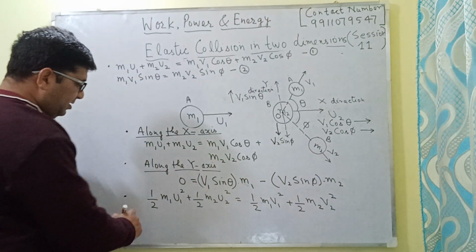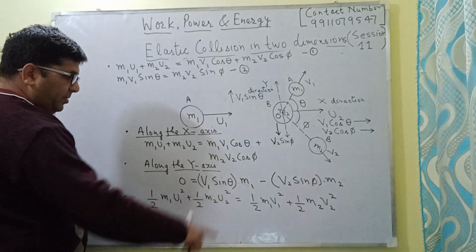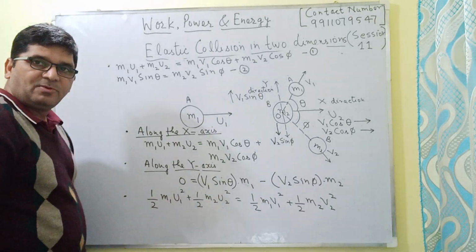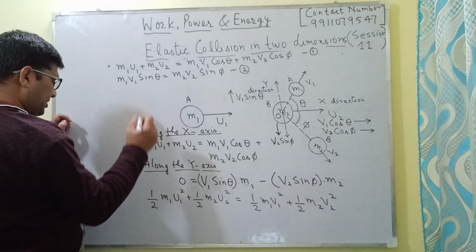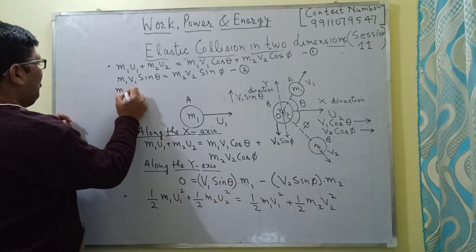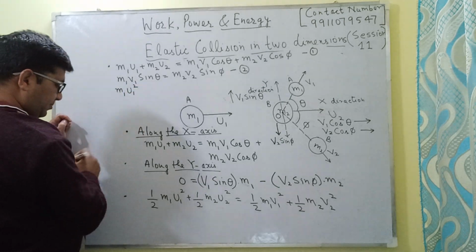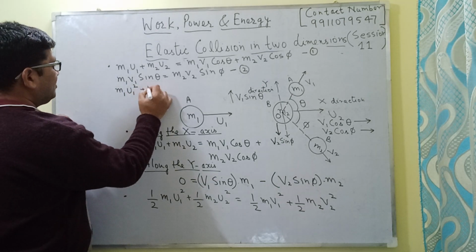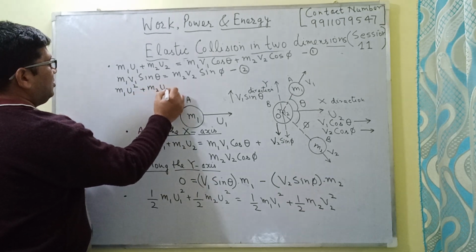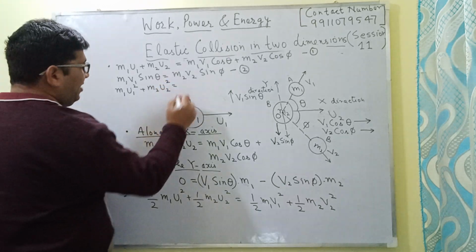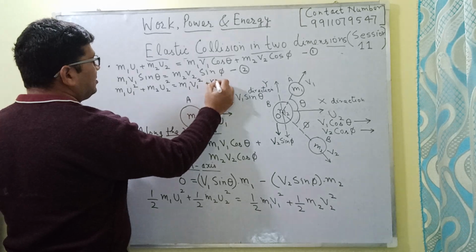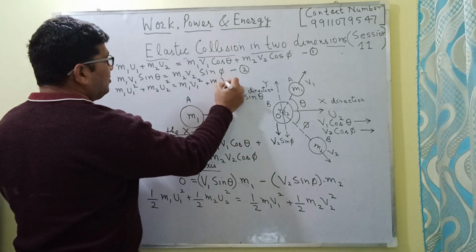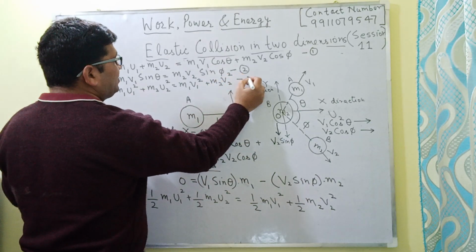So this half will be taken common on both the sides, and then it will get cancelled out. So finally the third equation will be m1 u1 square plus m2 u2 square is equal to m1 v1 square plus m2 v2 square.